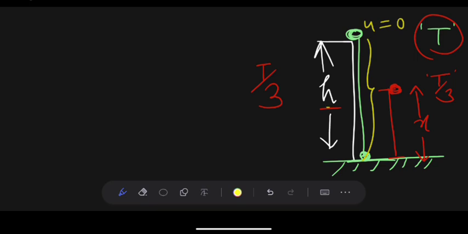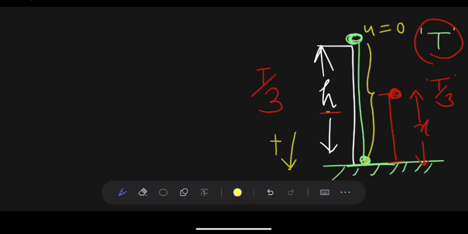Displacement is given, so I am taking the downward direction as positive, and the equation would be s is equal to ut plus half at square. This is the second kinematical equation of motion.